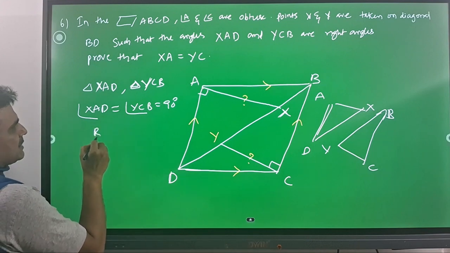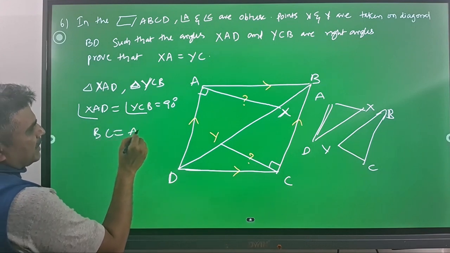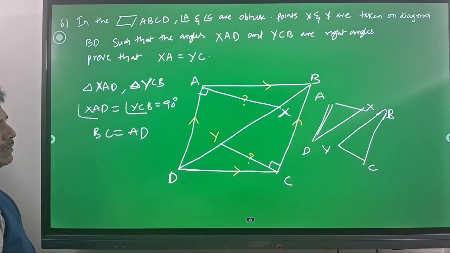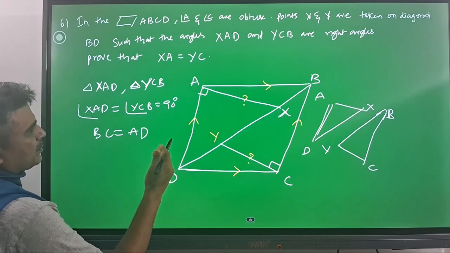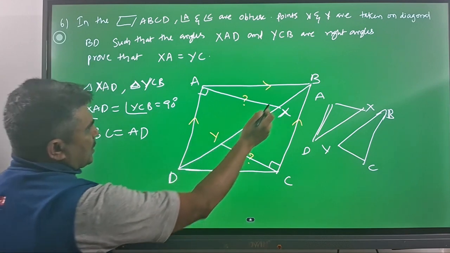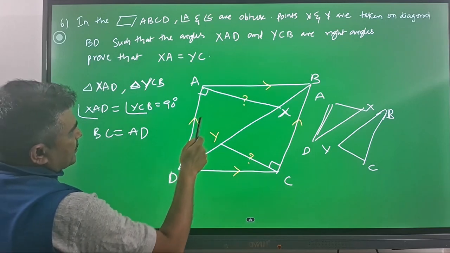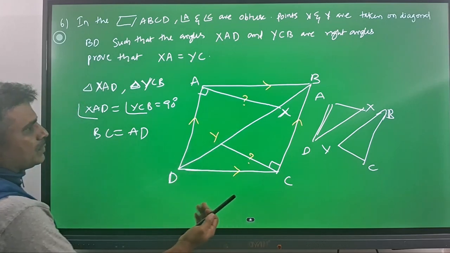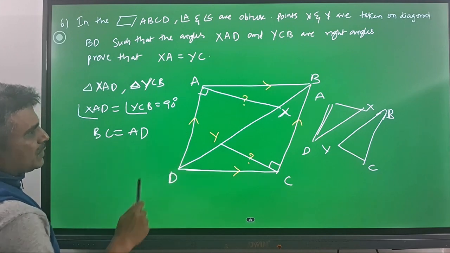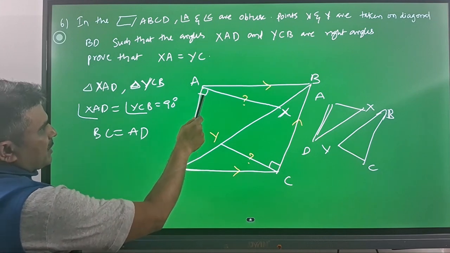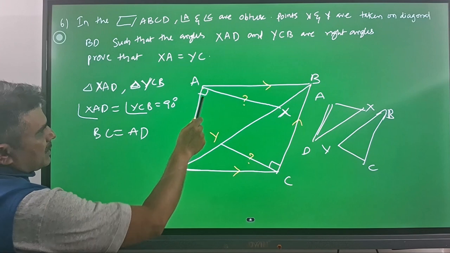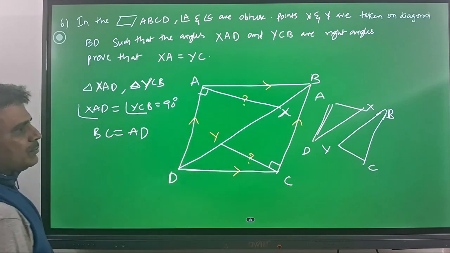So BC is equal to AD. And we should also prove the angles, because the other two sides are not yet clear. We already have one side and a 90 degree angle, and the remaining angle we need to prove.